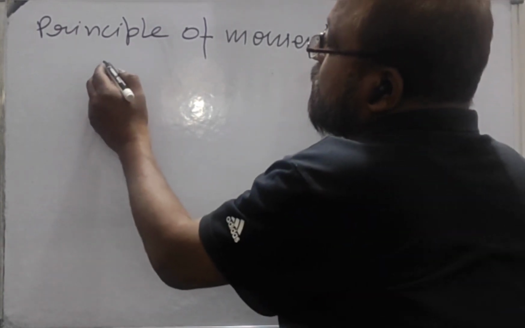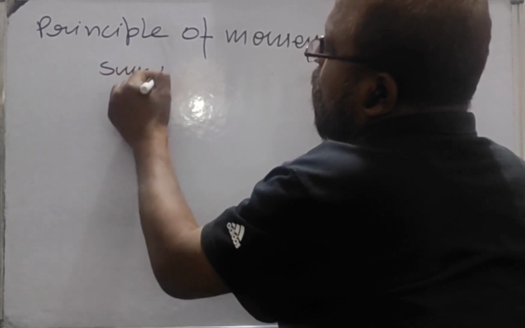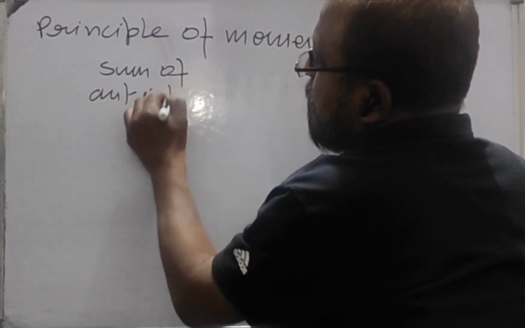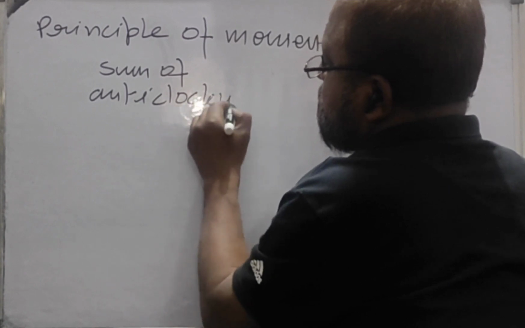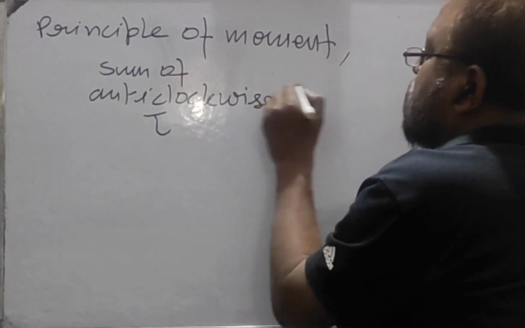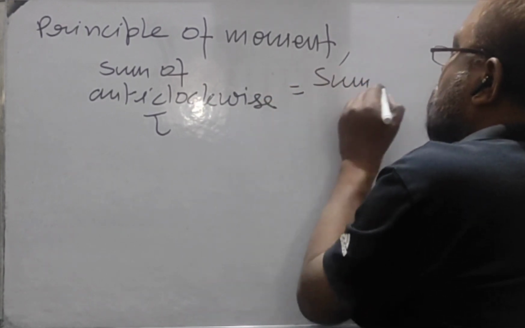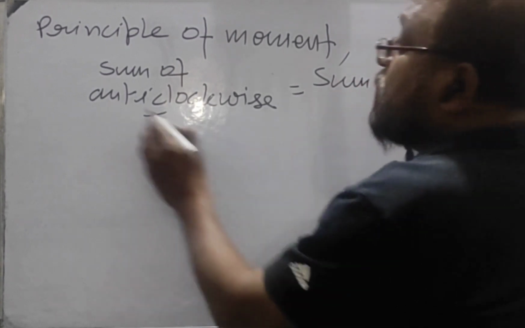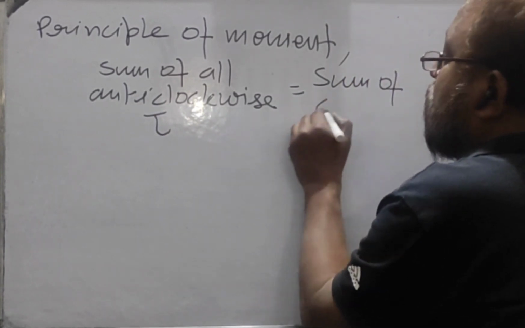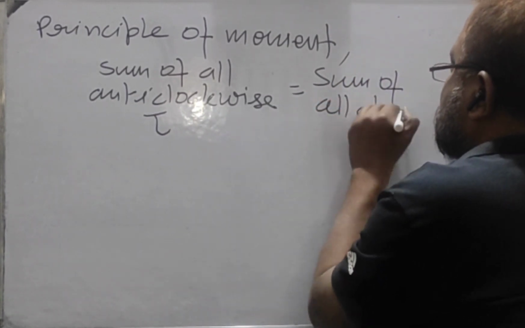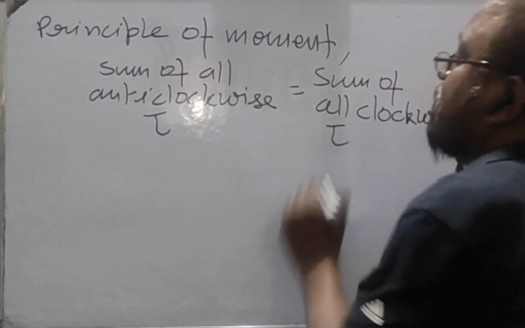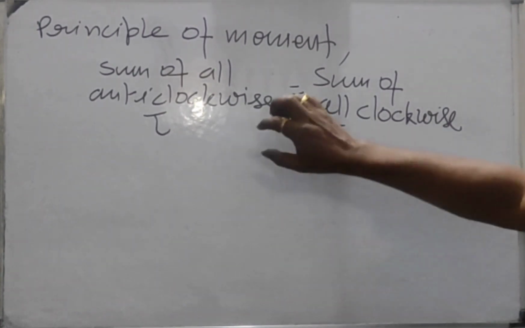That is, the sum of all anti-clockwise tau is equal to the sum of all clockwise tau, right? This is the principle of moments.